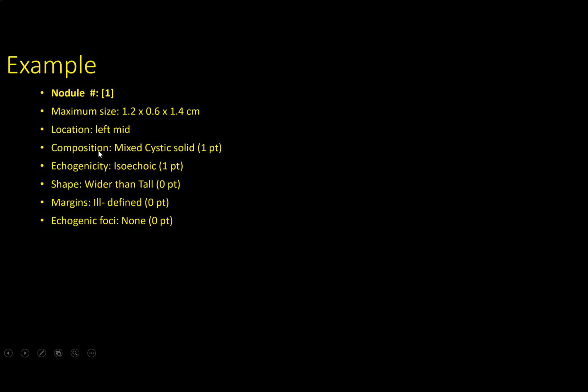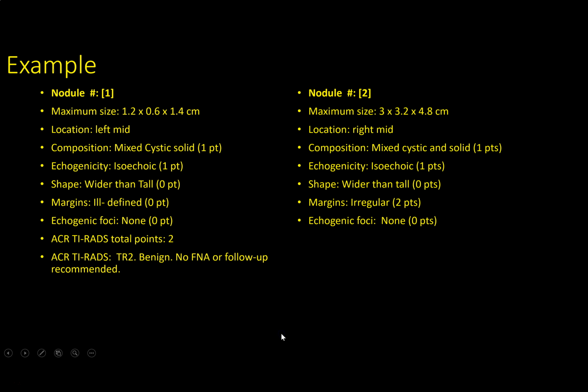Within my drop-down menu in my reporting system, I will pick the appropriate characteristic. The points are already included with it, and then at the end of it, I will add it up and fill it in as 2. And with the 2 points, I can go to my next drop-down menu. And with 2 points, all of this will automatically populate for nodule 1.